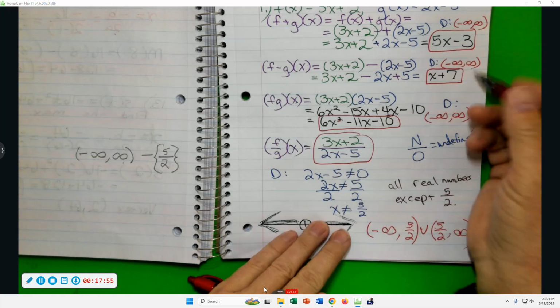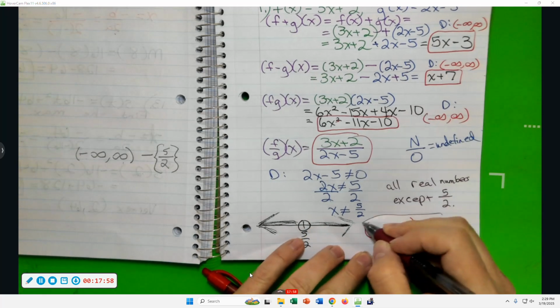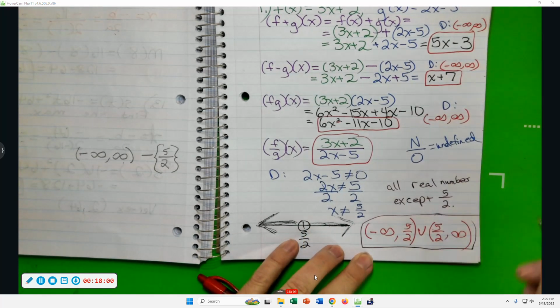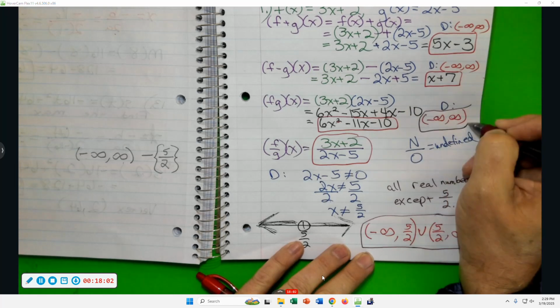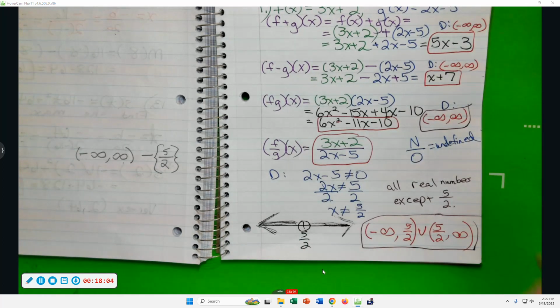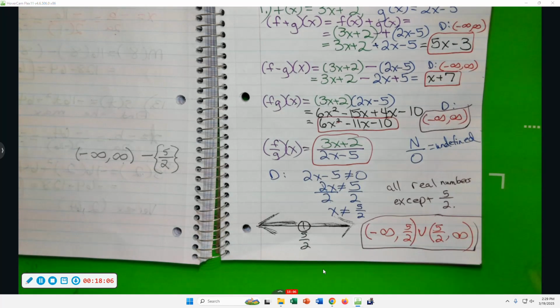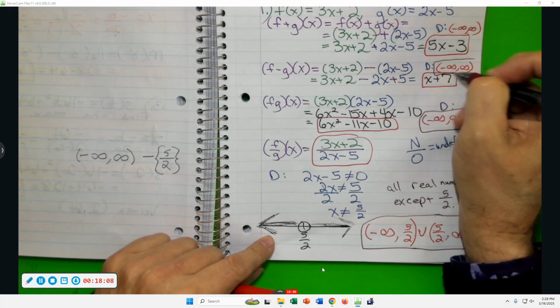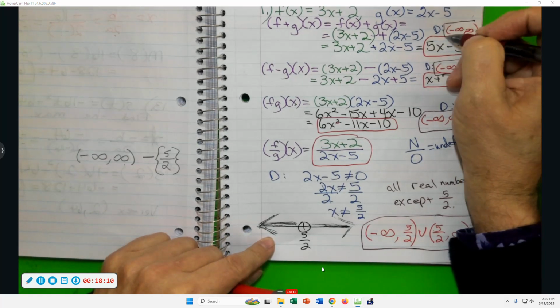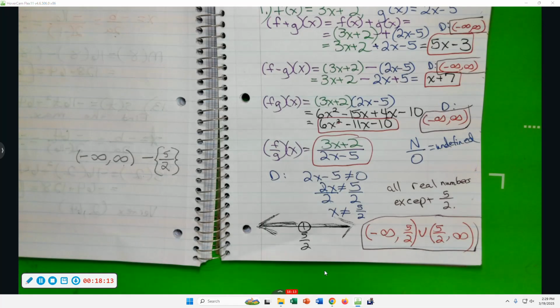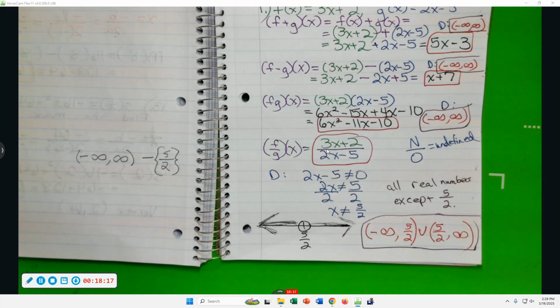Here's the one for division. There it is for multiplication. So f plus g, f minus g, and f times g, they had the same domains, didn't they? All real numbers. But the quotient, you couldn't allow the denominator to be 0.